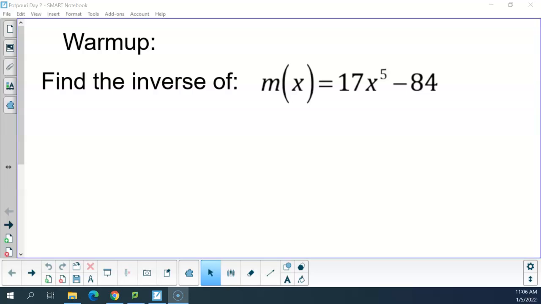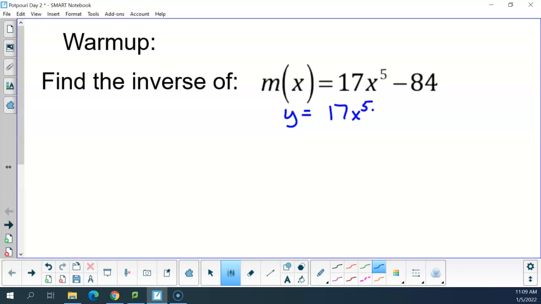Okay? All right. Find me the inverse of M of x. First step: switch x and y. Put in y for x. Make M of x be y in this case. Step 2: switch x and y.